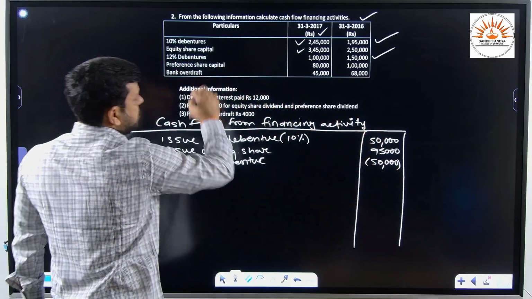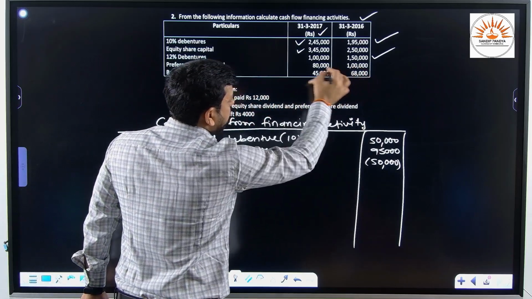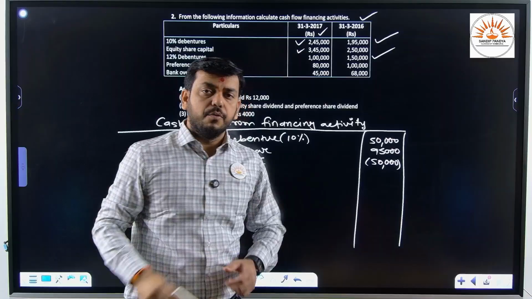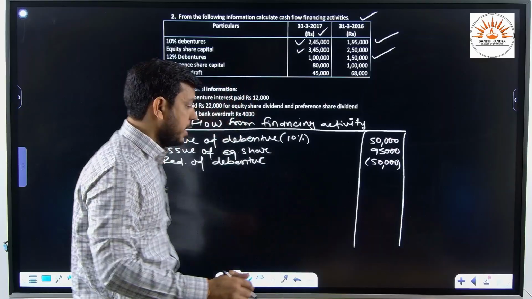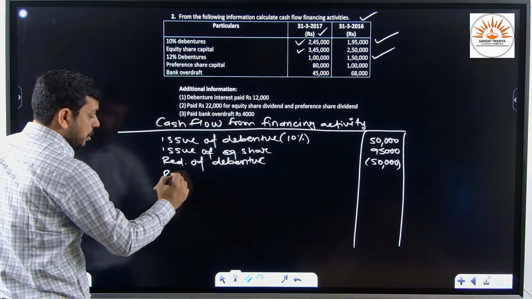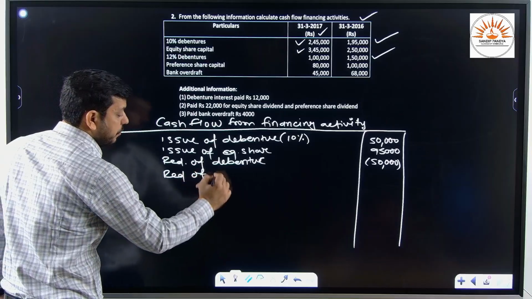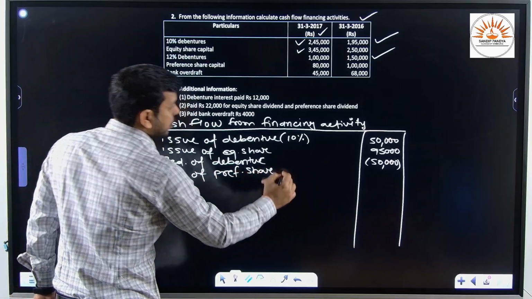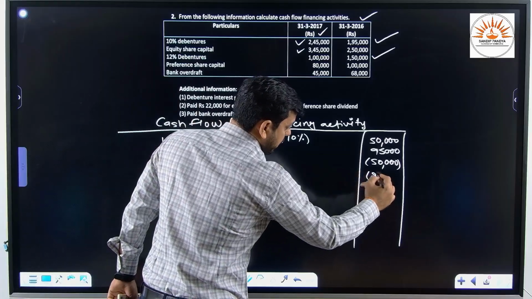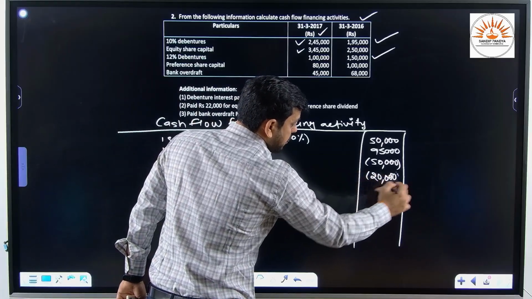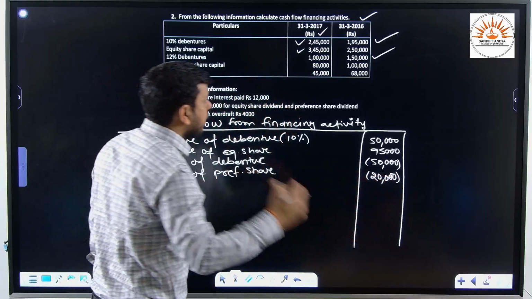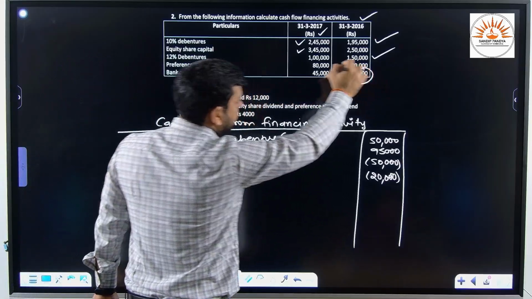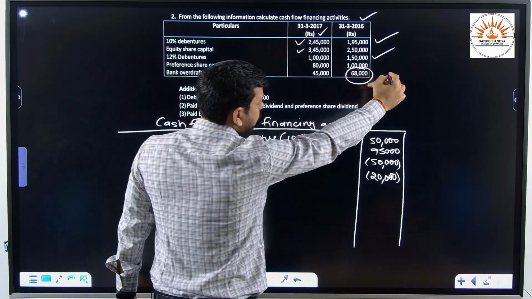Now preference share capital, which was rupees 1 lakh, became 80,000. In the same way, during the year we have redeemed the amount, which is 20,000. So we shall also write redemption of preference share, which is 20,000. That means cash goes out from our company. Bank overdraft in the beginning of the year was 68,000, now it became 45,000.